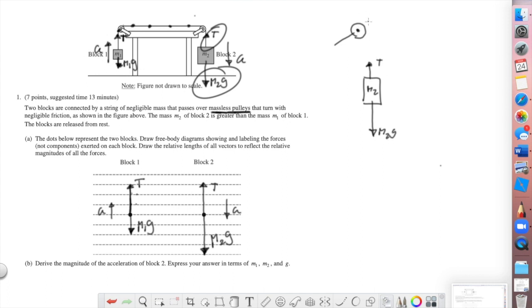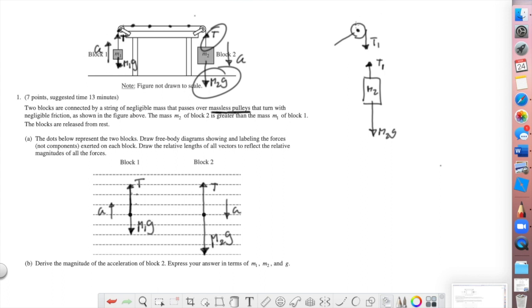If this had been a torque problem and this pulley had not been massless, in order to get this pulley to accelerate, we would have a tension on this side. So now we would have to specify the tensions. We'd call this T1, and then therefore on M2 this would also be T1, right? Because those are the same. It's the same piece of rope there.